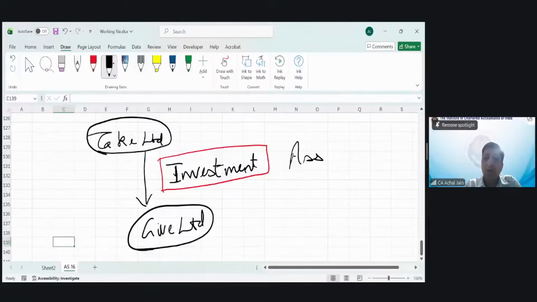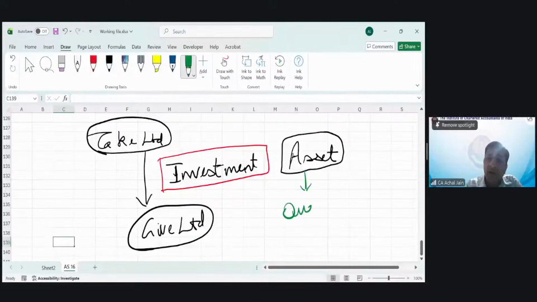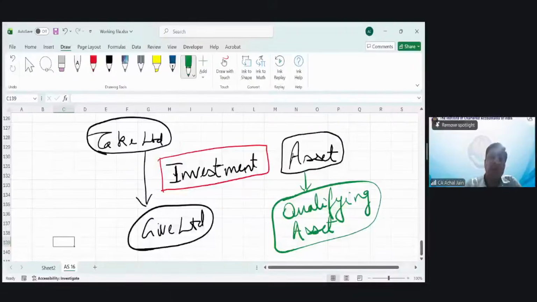Okay. Now my next question is, as regards this asset, we need to find out whether this asset is a qualifying asset or not. If there is an asset, what do you need to check? Whether it is a qualifying asset or not.